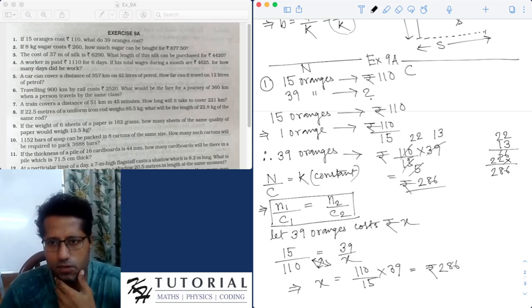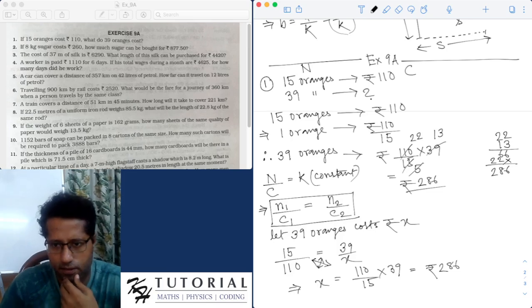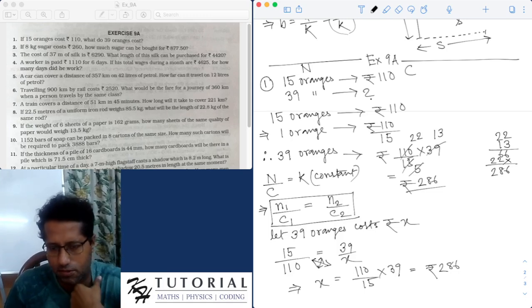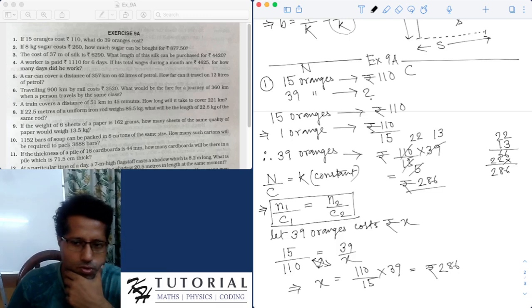The first one is using the unitary method, and the second one is the concept of n1 by c1 equals n2 by c2, where the two quantities are n and c and they vary directly. We can say n by c, or you can also consider c by n. That will also be fine. So in that case, c1 by n1 will be equal to c2 by n2.